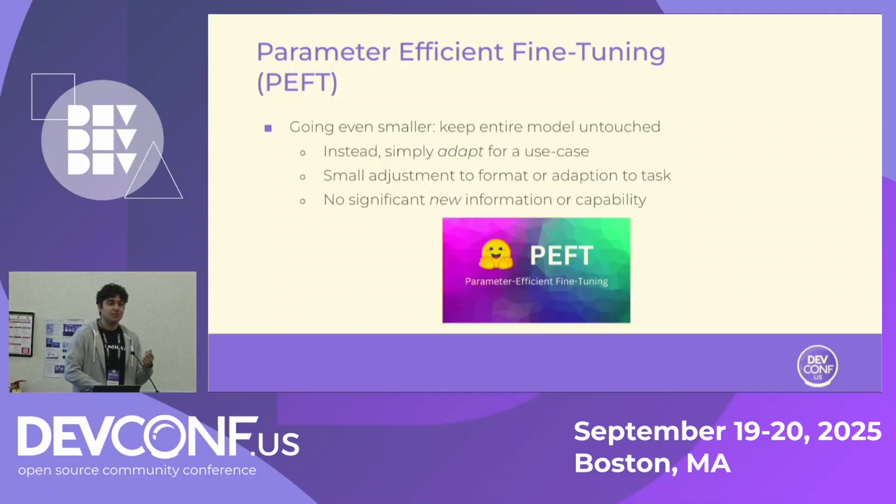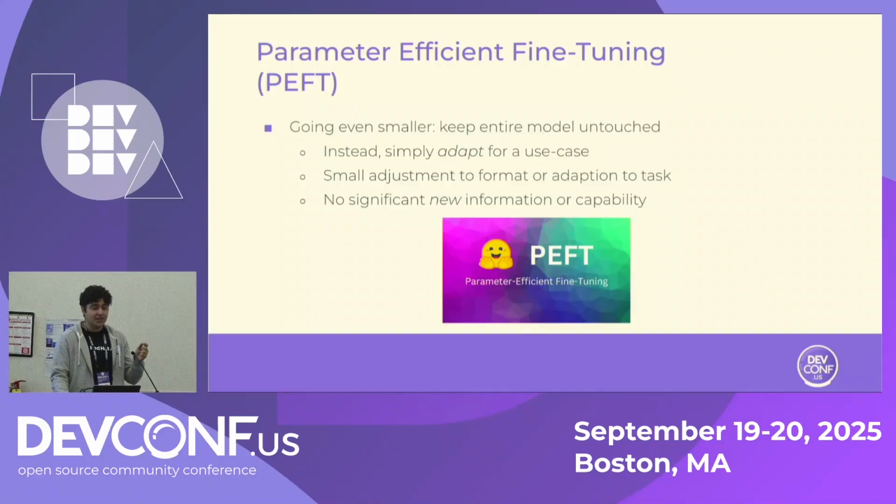So we want to make small adjustments such that maybe it handles a specific format better, it adapts to giving a specific output more properly, it can match the format or the fields you need for your outputs, it can maybe better understand the question you're asking or the grammar with which you're using.